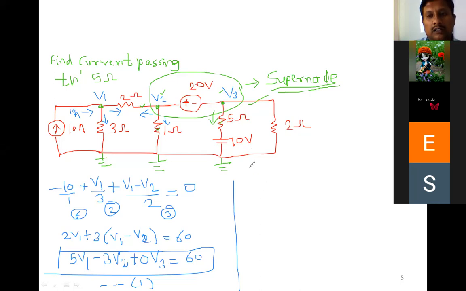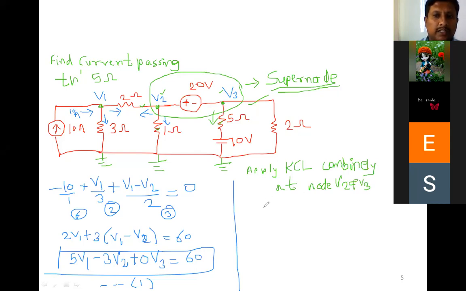So apply KCL combinedly at nodes V2 and V3.